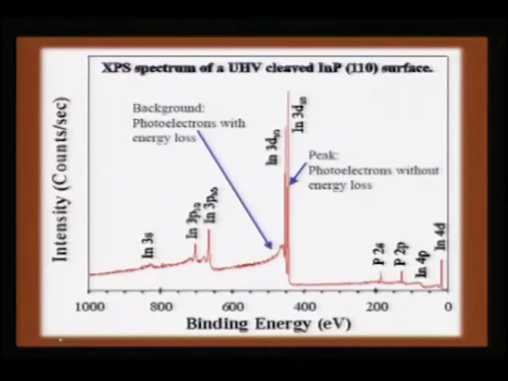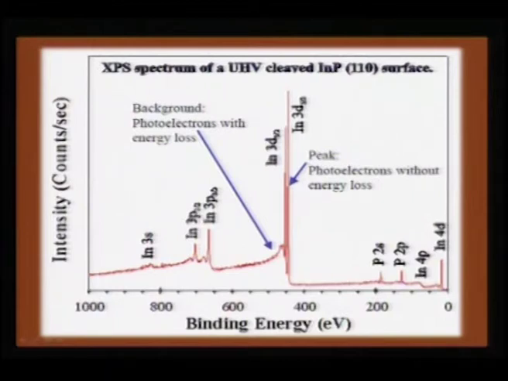When we have a survey spectrum taken for indium phosphide, for example, then these are the different peaks that one would see, and each peak and every hump that is shown here has some message to convey.